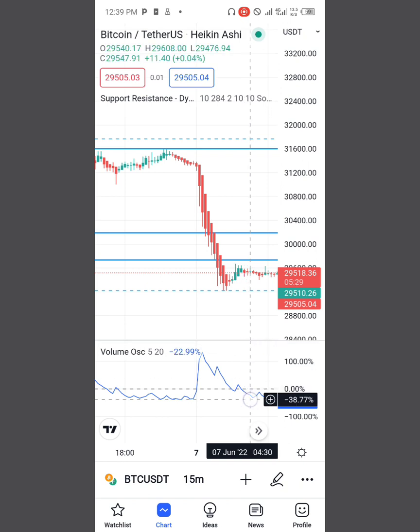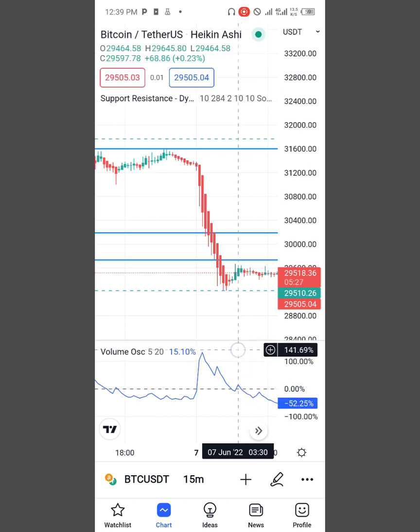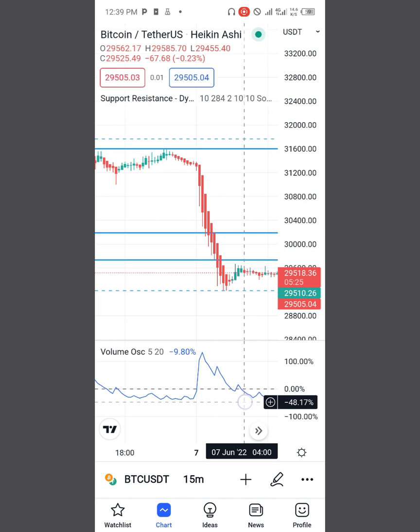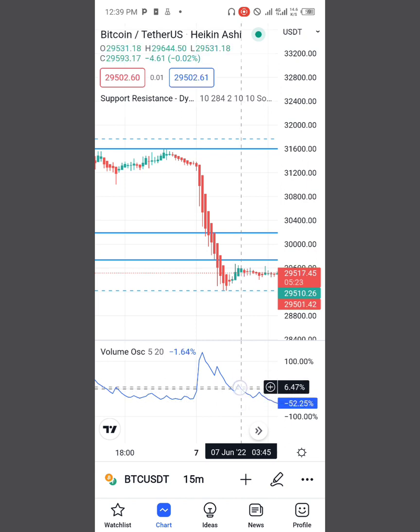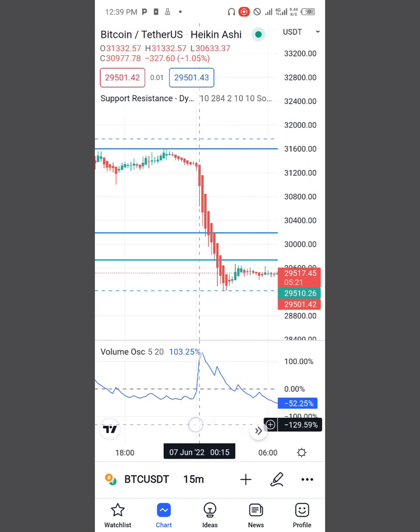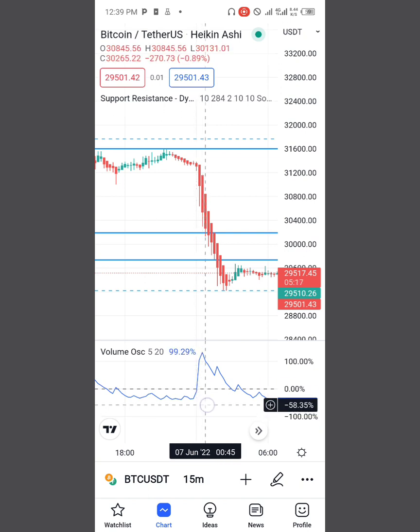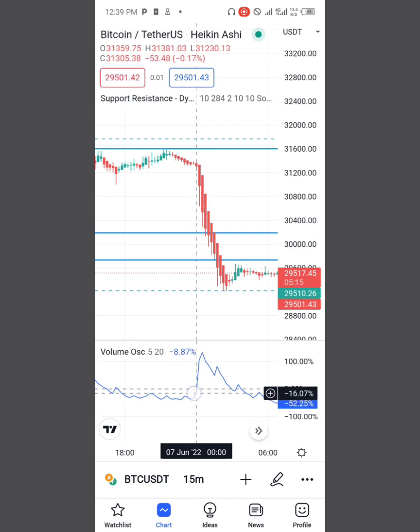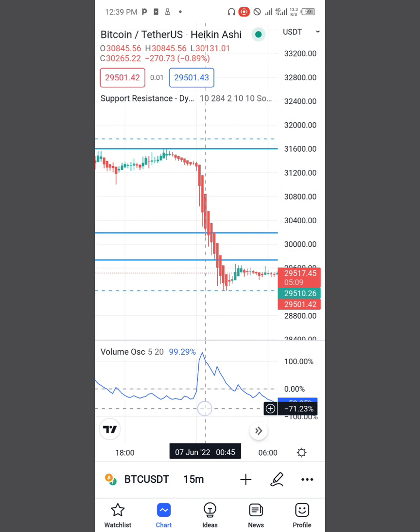In other words, sellers are dumping massively. That is why the volume oscillator is plunging upwards. Just watch my mouse. This is the volume oscillator, this blue line right here. It's plunging upwards because the volume is high.